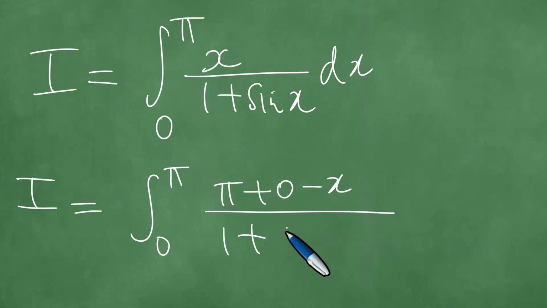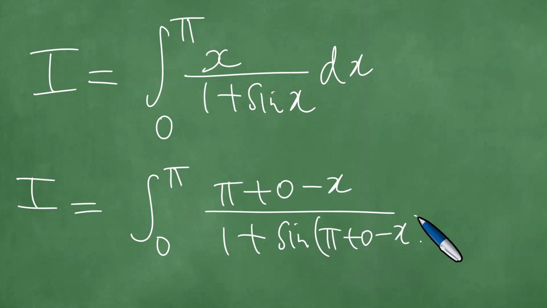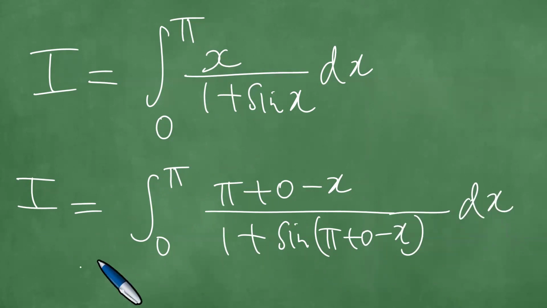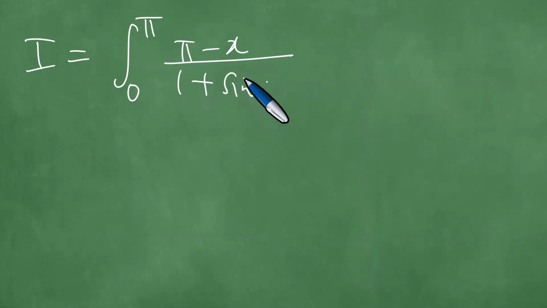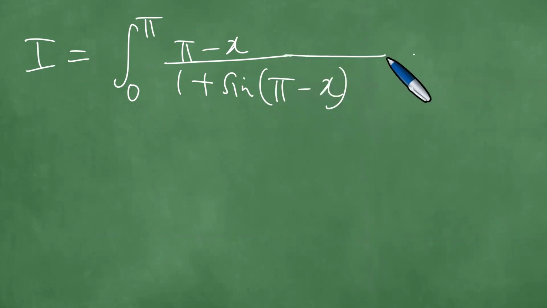We divide by 1 plus the sine of pi plus 0 minus x, dx. So in the end, you have I equals the integral from 0 to pi of pi minus x over 1 plus the sine of pi minus x dx.